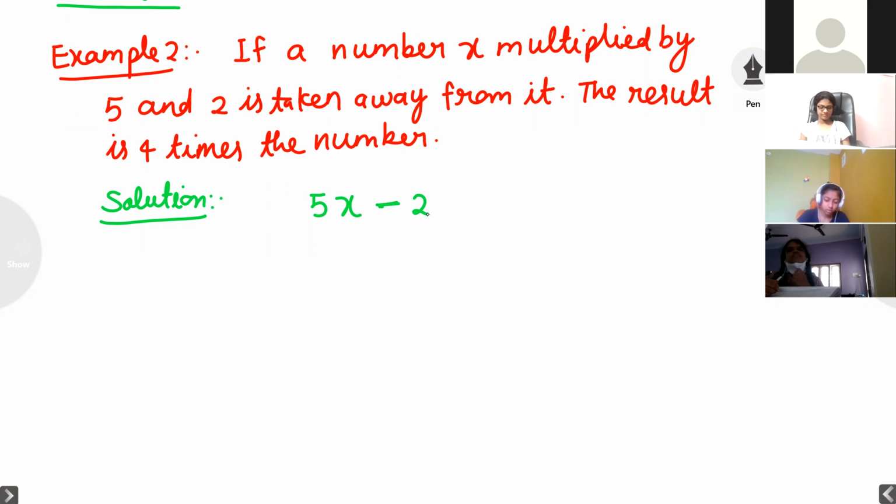The result means is equal to 4 times the number, 4 into x, 4x. He is not asking to find the value of x. Here they have given statements, and we are writing them in equation form: 5x minus 2 is equal to 4x.